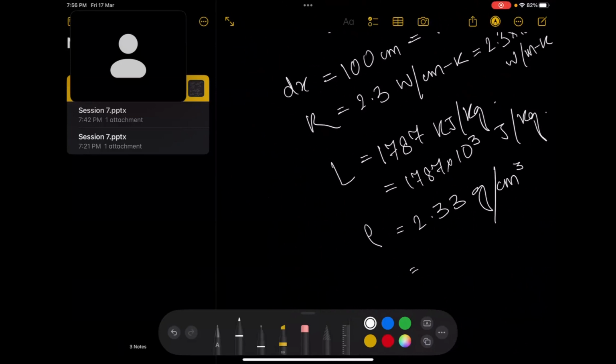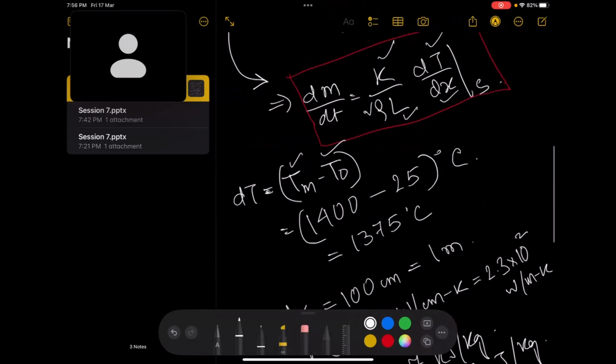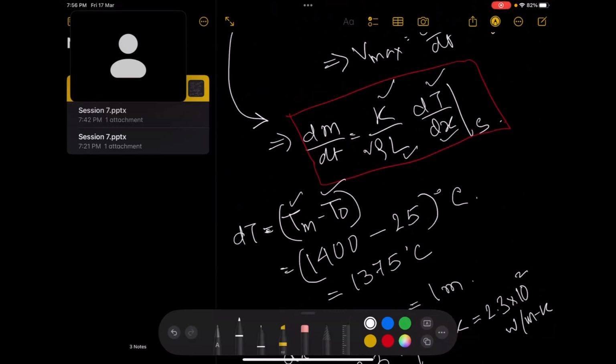So this turns out to be almost 2330 kg per meter cube. Now you plug in all these values into your principal equation. This is your pull rate, dm/dt. This is the thermal gradient. This is conductivity divided by density into latent heat of fusion.